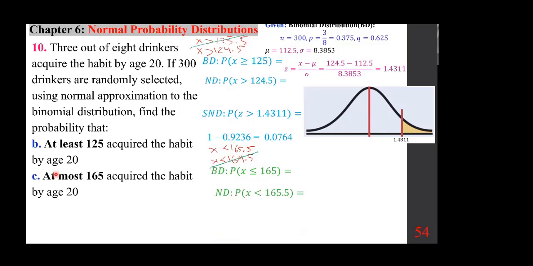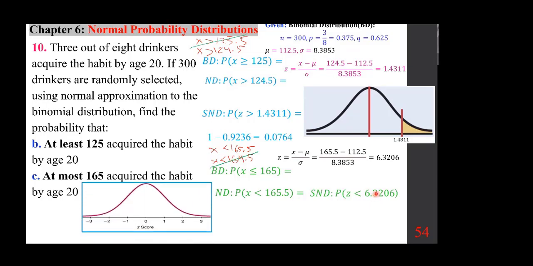Now, normal distribution, we calculate the z-score, and we go to standard normal distribution. The number is way larger than 3.5. So 6.3206 is somewhere here, way into the right side, and that basically gives us no area to the right. Everything is covered, almost 100%.